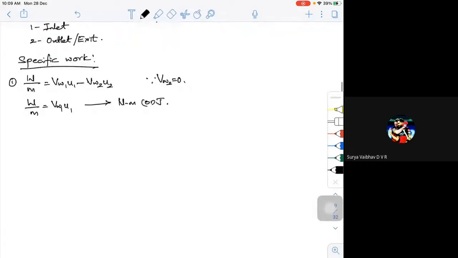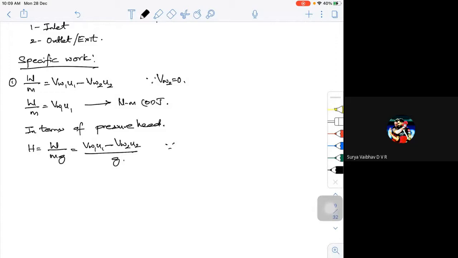Suppose I want to express the same thing in terms of the pressure head, then H is equal to W by M into G, or I can write VW1 into U1 minus VW2 into U2 by G. Because VW2 is equal to 0, I can write H is equal to VW1 into U1 by G. Let me call this equation number 1.